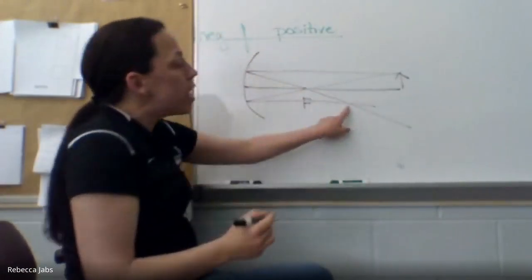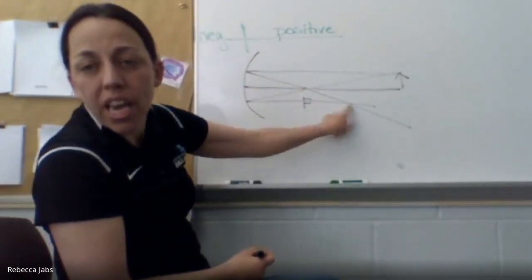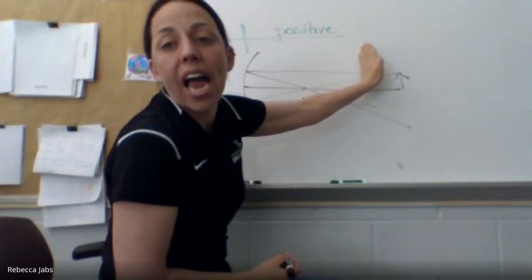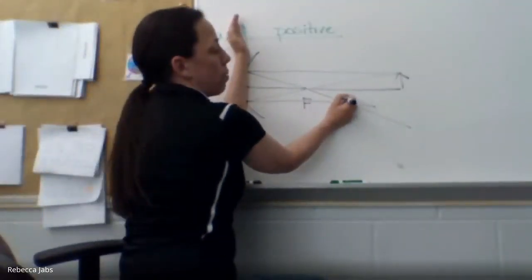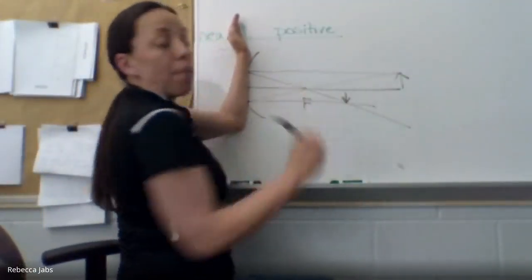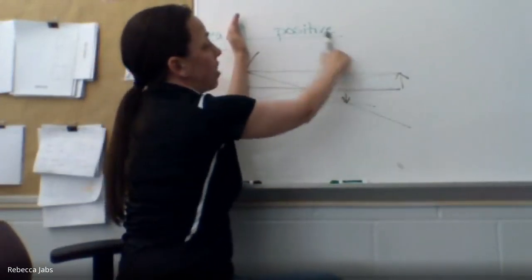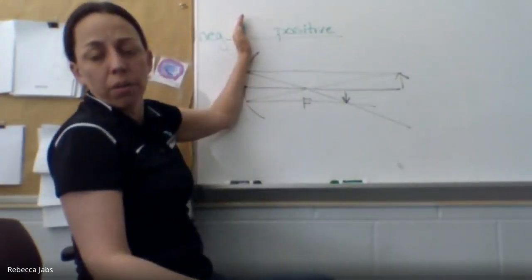Do you see how when I do that, the lines meet right here on the positive side of the mirror still? Does everybody see how the arrow would be right there? It would be upside down. It would be on the positive side of my number line though.